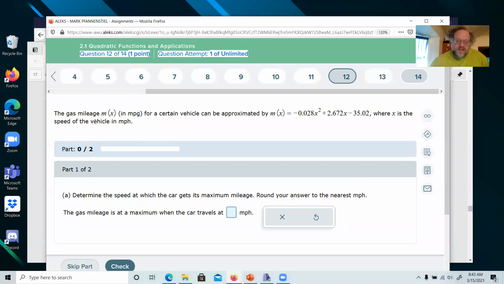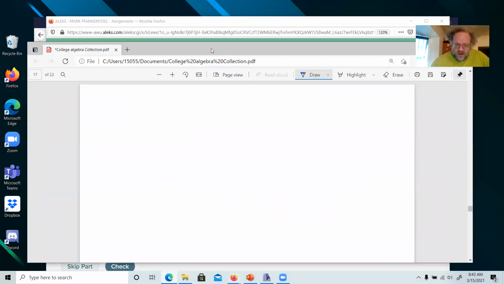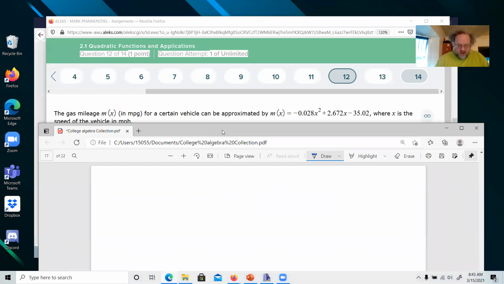All right. So we have a gas mileage of a certain vehicle can be approximated by, okay? And it's always important to write down your variables and figure out what you're talking about. So when you're working on something like this, we'll say m of x is equal to negative 0.028x squared plus 2.672x minus 35.02.